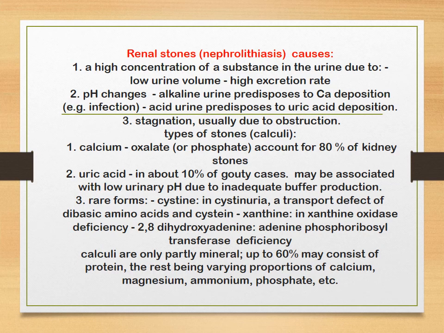Calcium oxalate and calcium phosphate account for more than 80% of kidney stones. So calcium is an important component of the kidney stone. Uric acid accounts for 8 to 10%, in acidic pH, and the others, which are mainly genetic, cystinuria, homocystinuria, and others, account for the remainder.